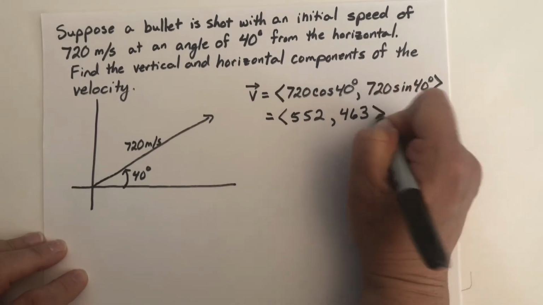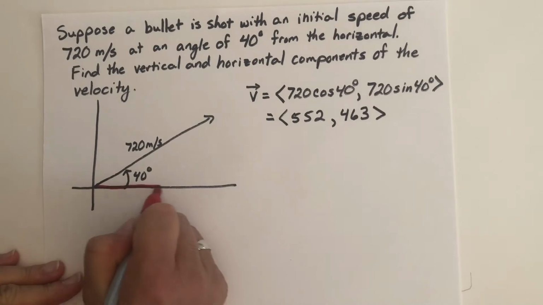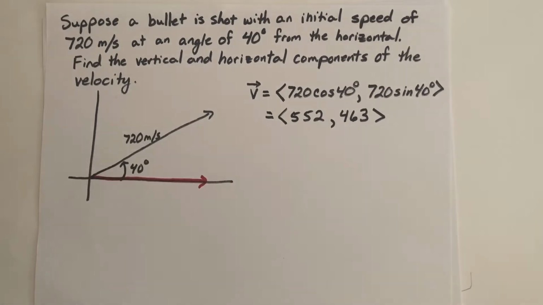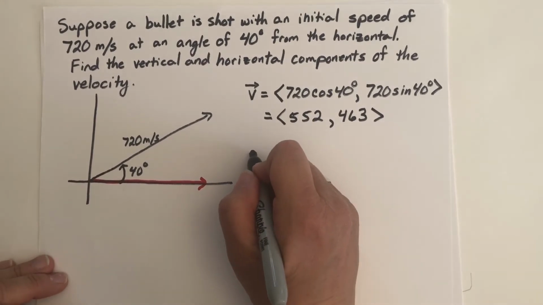So the horizontal component, so we're talking about this horizontally, is 552 meters per second.